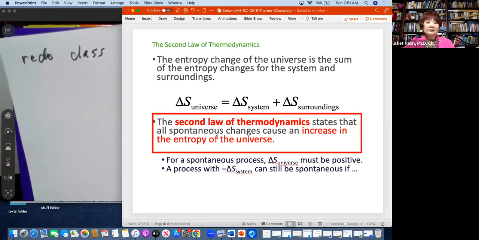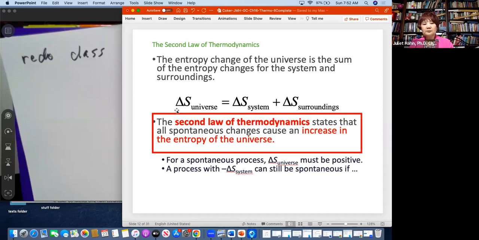This is actually a statement of the second law of thermodynamics, which says that there is a spontaneous increase in the entropy of the universe. The systems and the surroundings can be added up to get the entropy of the universe. But for a spontaneous process, the entropy of the universe always has to be positive.